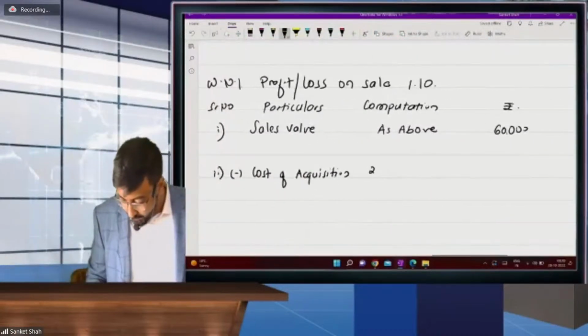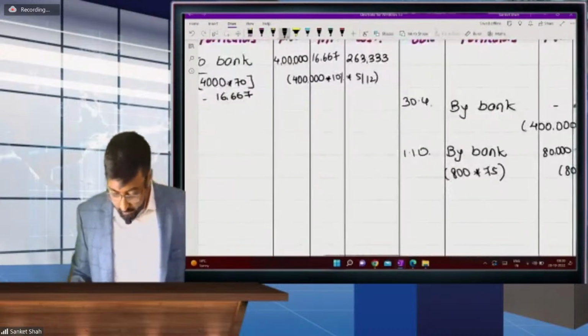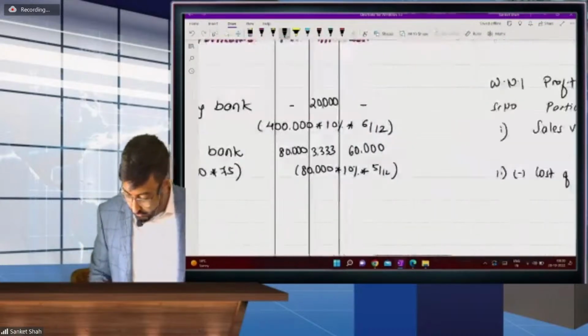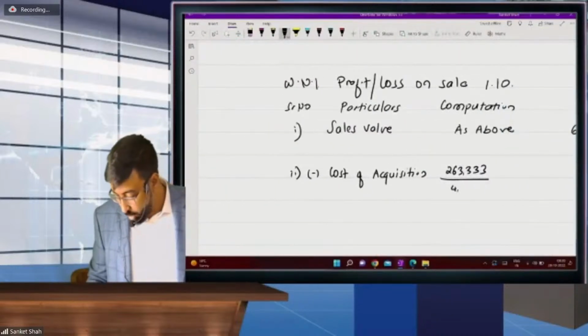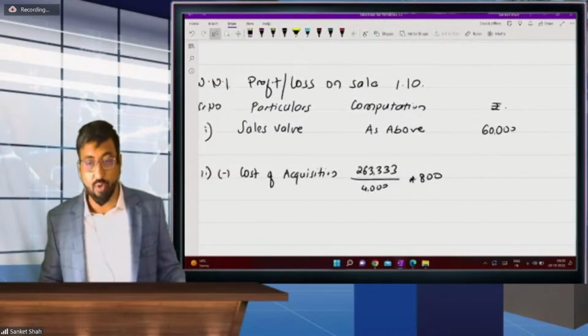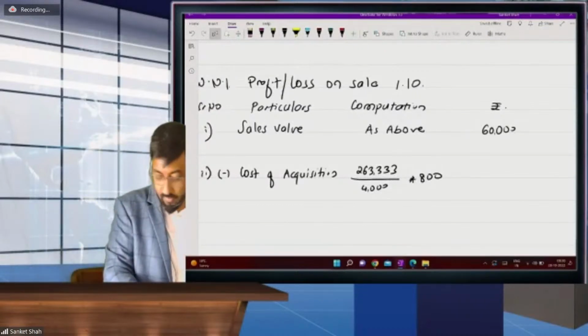2,63,333 for 4,000. For 4,000, you can write 4 lakhs and 80,000 also. So doesn't matter.